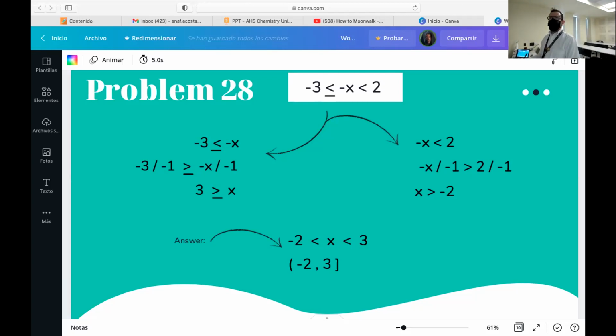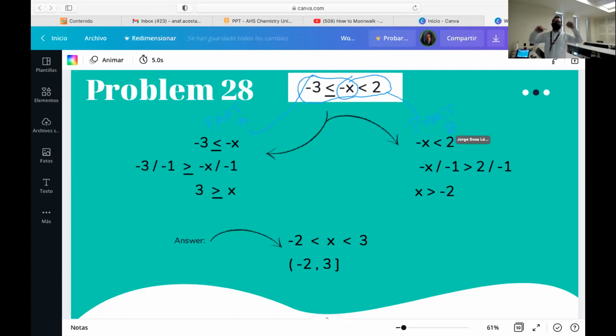The first is that the procedure that you guys followed is correct. You decided to separate the inequality into, let's say, part A and part B. And that is totally valid.